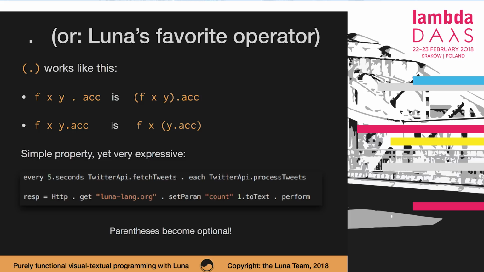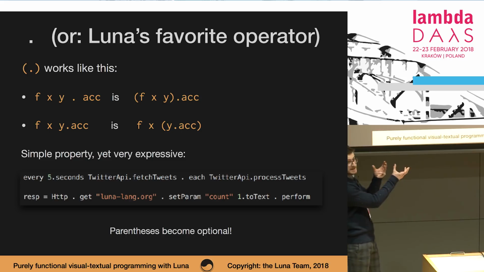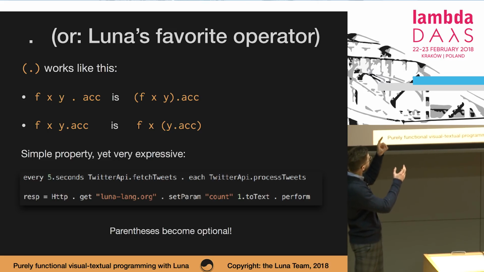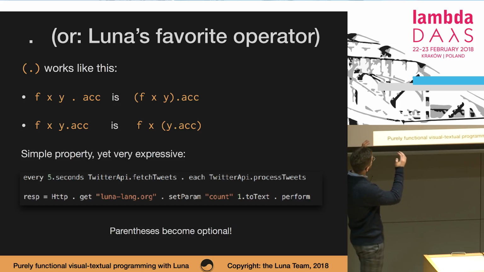So now this tiny operator that I think deserved its own slide. One remark, this dot is the Scala dot, the Java dot. It's the accessor dot. It's not the Haskell composition dot. But we have two flavors of the dot. One is with the spaces around it, which makes it behave like this. It just applies this function to everything it finds before the dot.